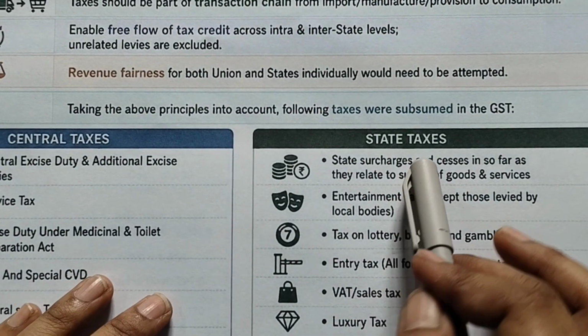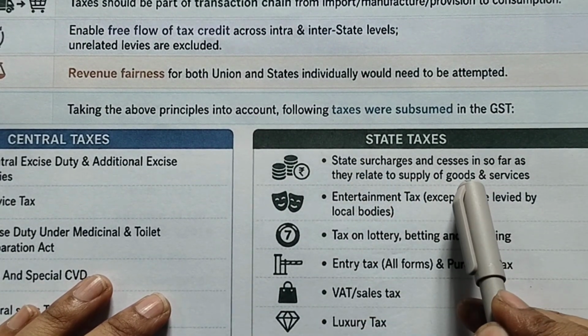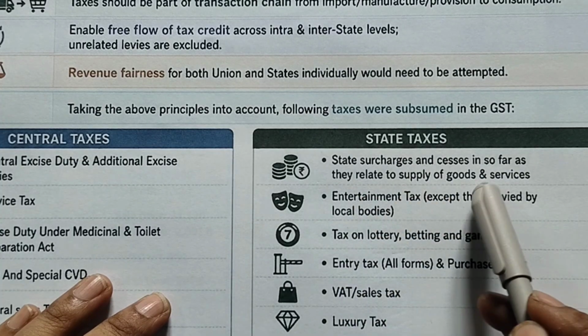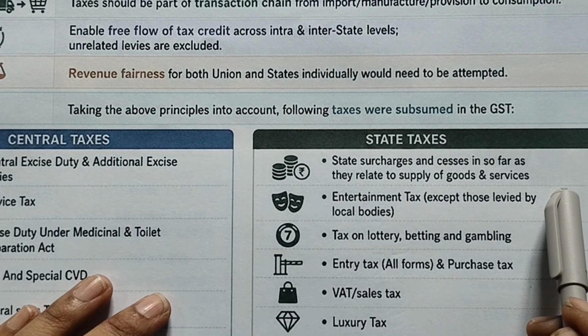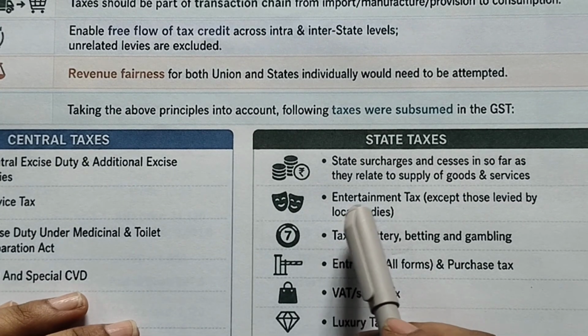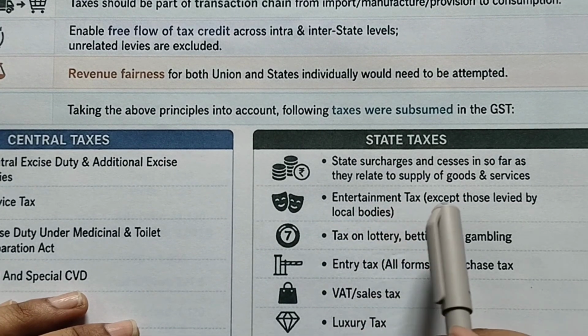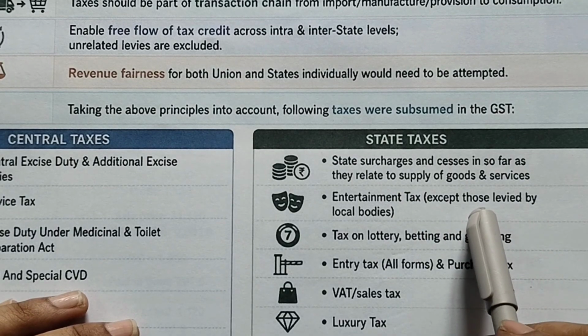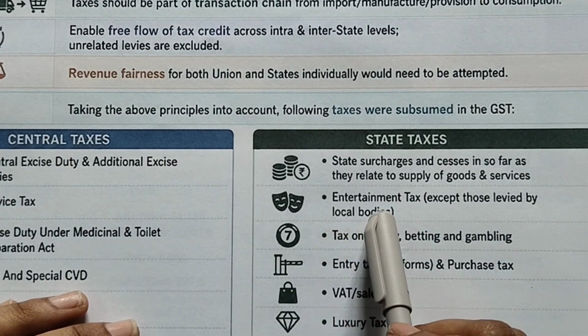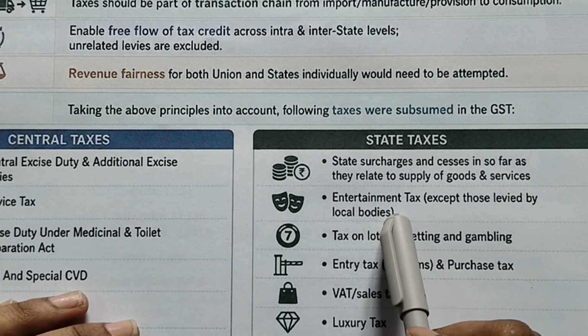Now we have state taxes, state surcharge and cesses, which are related to the supply of goods and services. Entertainment tax has been subsumed under GST, except those levied by the local bodies. Local bodies means municipal corporation, panchayats.